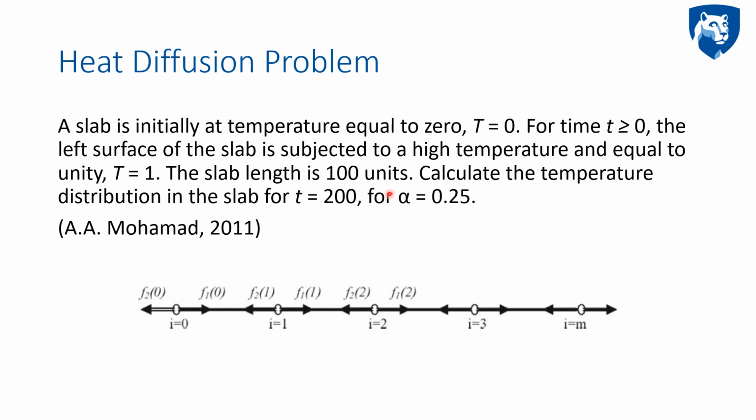So this problem is already in dimensionless variables, but it is in a way more complicated than the previous example, because we are going to discretize the model into 100 lattices, and then we are going to use 200 time steps for much more detailed results.